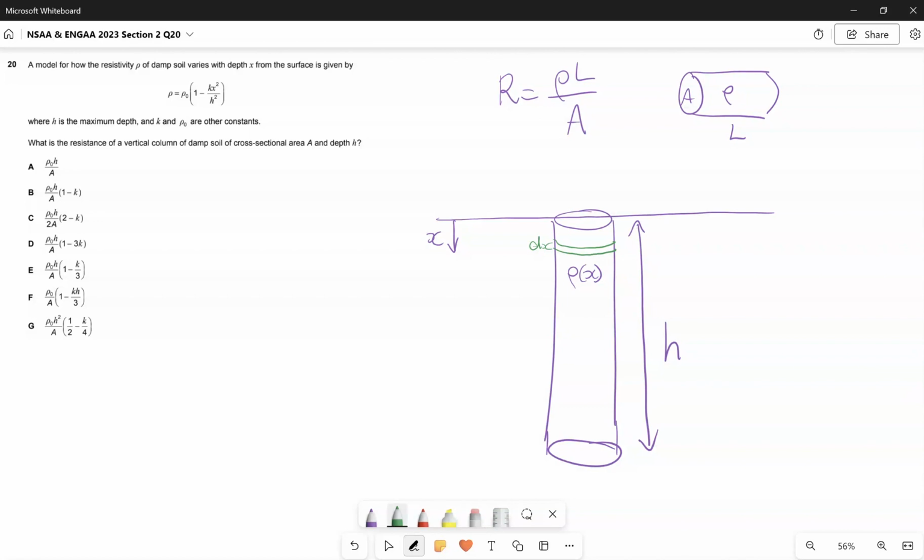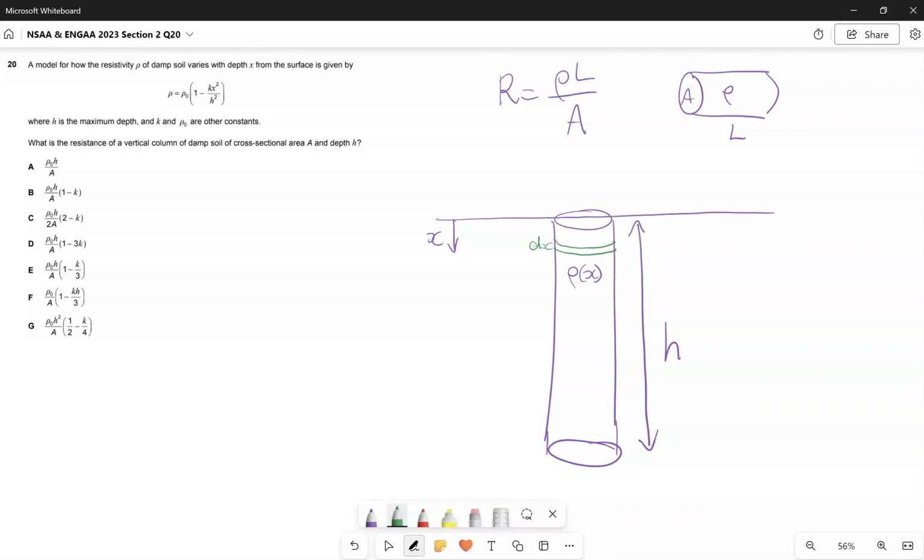But we'll worry about rigor at other times. So this is an infinitesimally small section of this column, and the thinner it is, the more accurate it is to say that the resistivity is constant in this section.